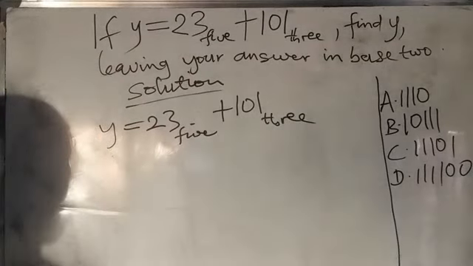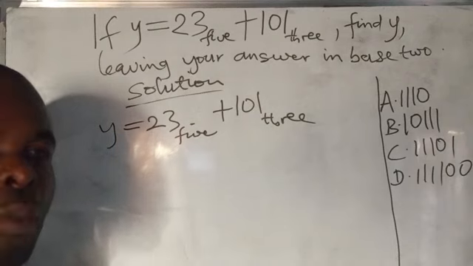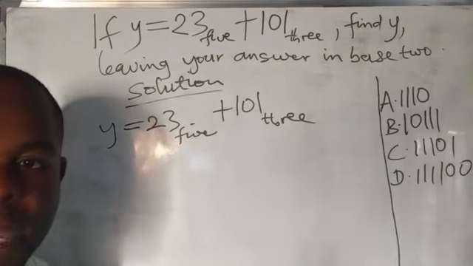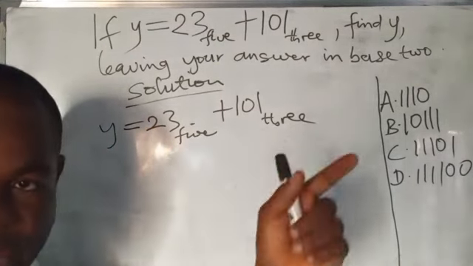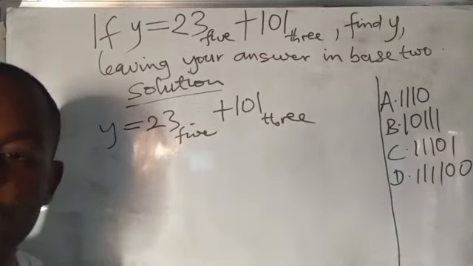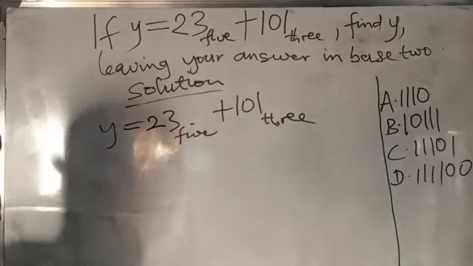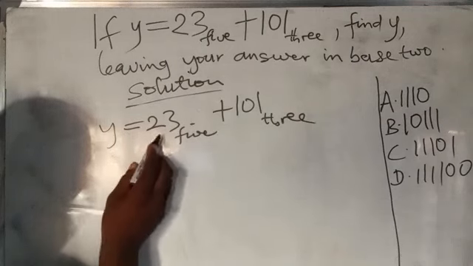Now, to convert a given base to base 10, we multiply all the digits with the given base and take the superscript of those bases. Are you getting it, guys? So now, look. We'll take this first.